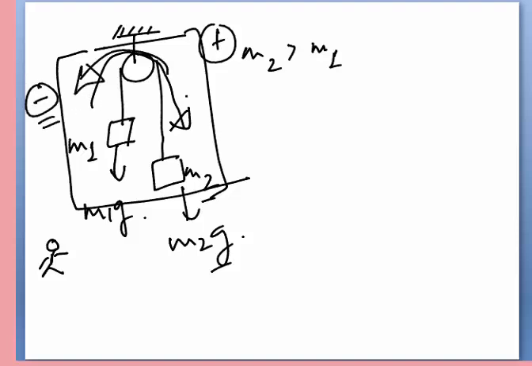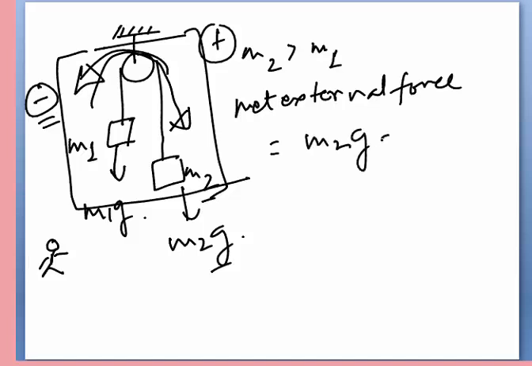So the net external force on this whole system, it's a very fantastic concept. Net external force will be what? It will be M2G, since this is in this direction, so this is positive, and minus M1G, because the M1G force is against the direction of the motion that we have assumed.